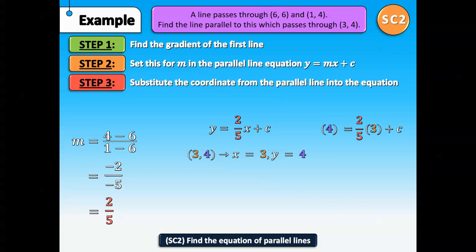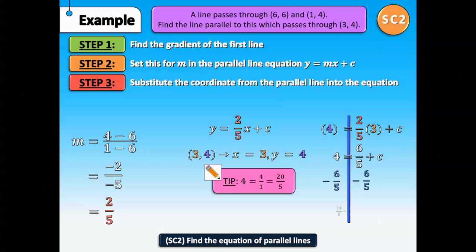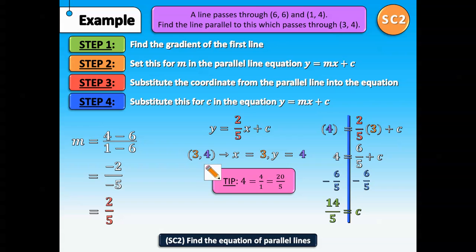So 4 equals 2/5 times 3 plus c. That means that c is 14 over 5. So the equation of our line is y equals 2/5 of x plus 14 over 5.